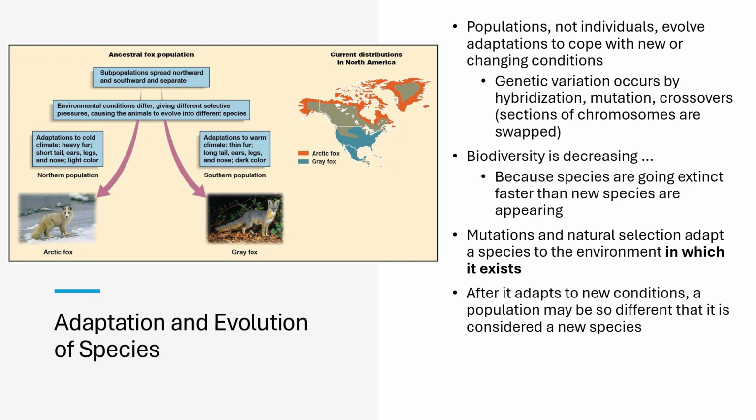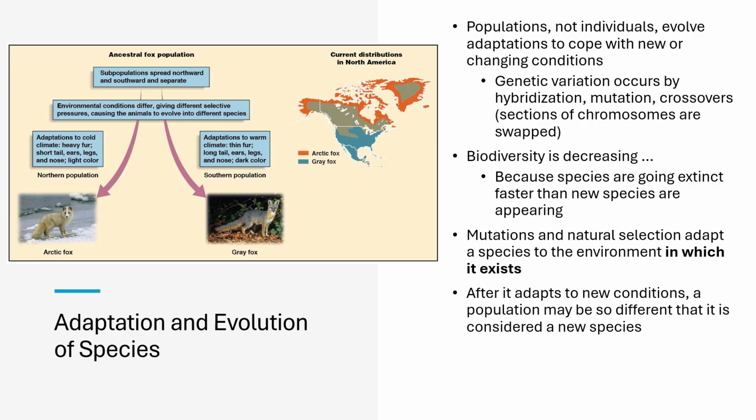New adaptations, new traits appear in the population over multiple generations. Those new traits are the result of genetic variation. So those are the result of mutation, crossing over, hybridization. It's really at the level of the molecule of DNA.